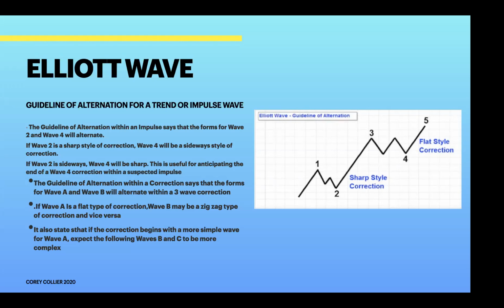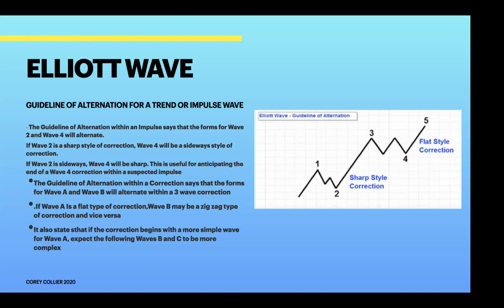Oh, I'm sorry, I skipped something. The guideline of alternation within a correction says that the forms of wave A and wave B will alternate within a 3-wave correction. I also said earlier that wave B kind of depends on wave A, right?